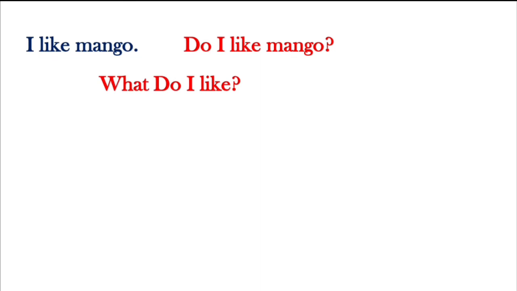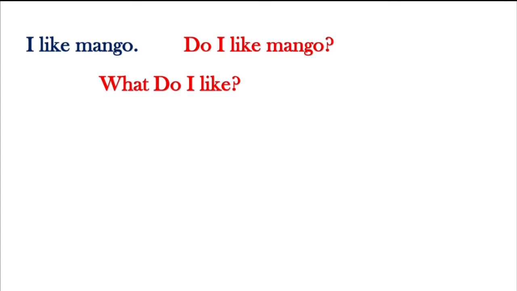Here, I like mango. Do I like mango? See, here "do" in the present tense helps us to make the yes or no type question. Then for a WH question, what do I like?